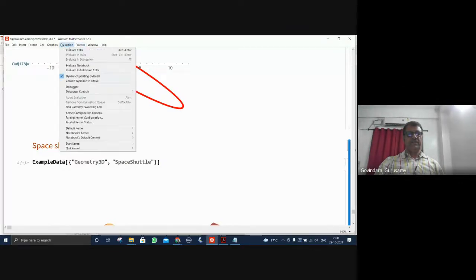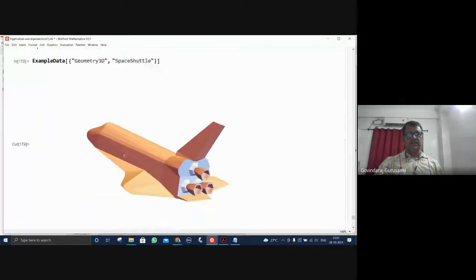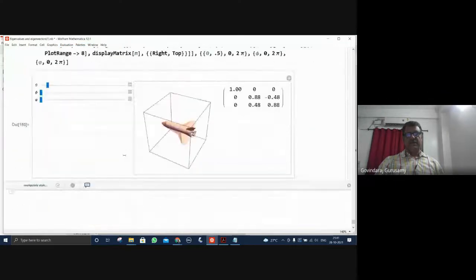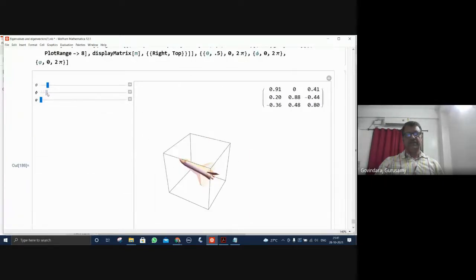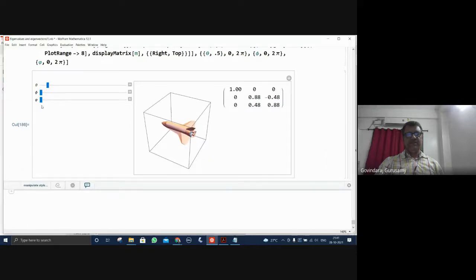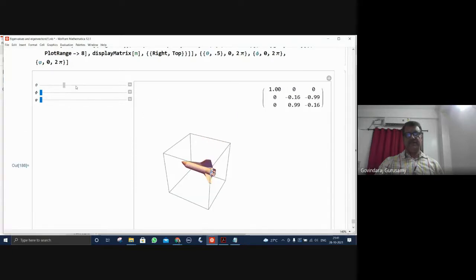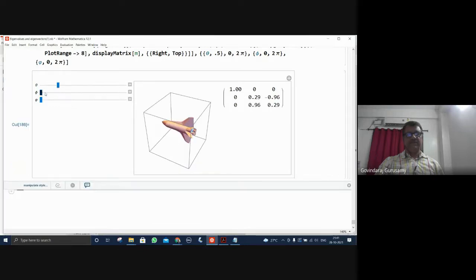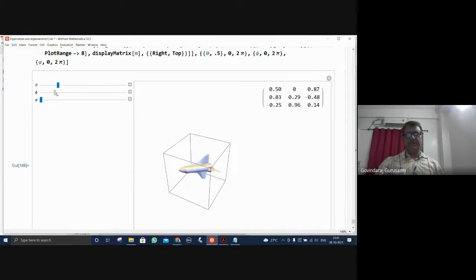This is the rotation in 3 dimensions. This is phi. So the theta rotation can be clearly seen. Phi will be a little difficult to see. See this? This is another. It can be seen.